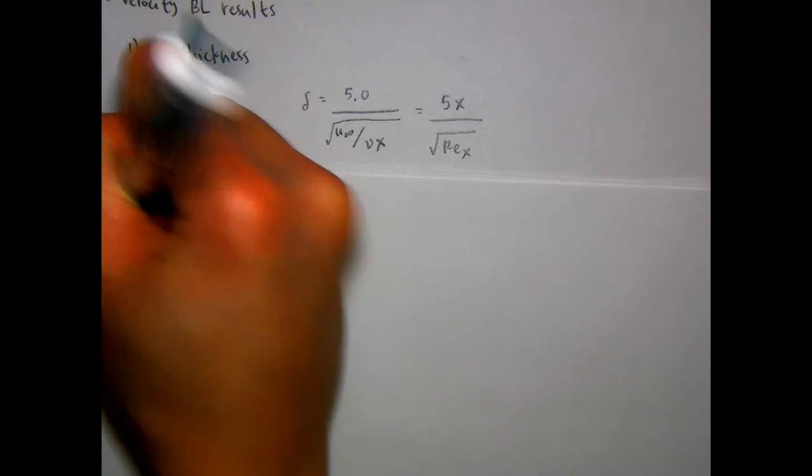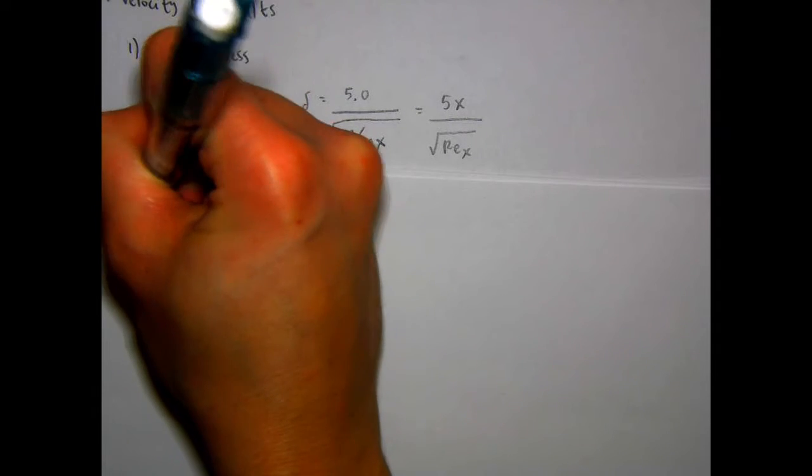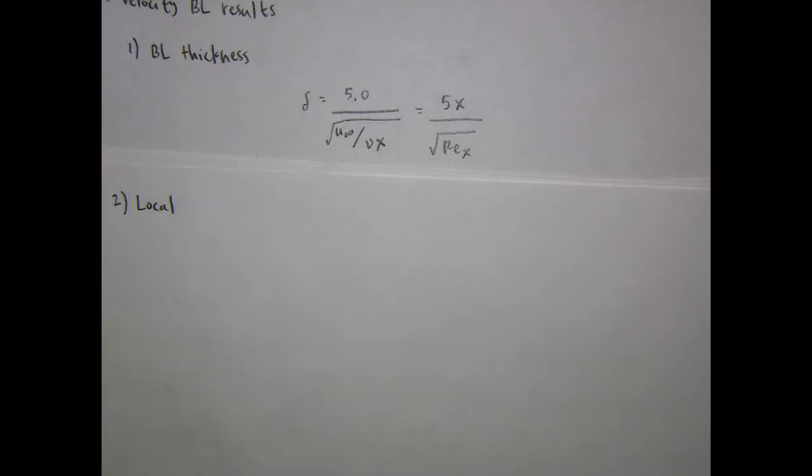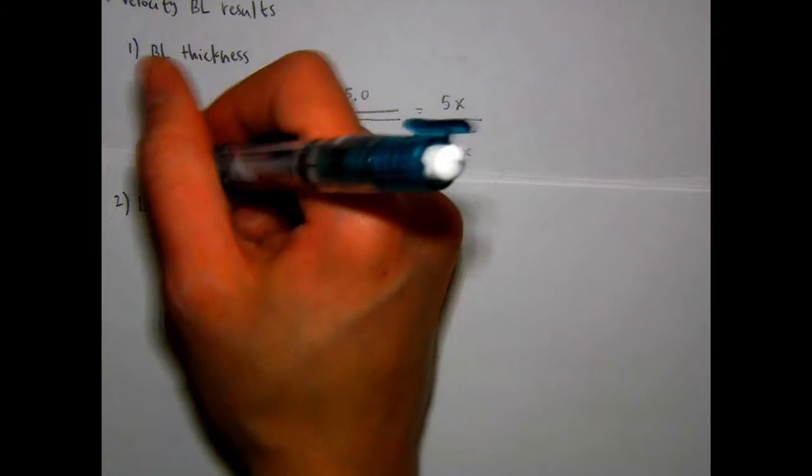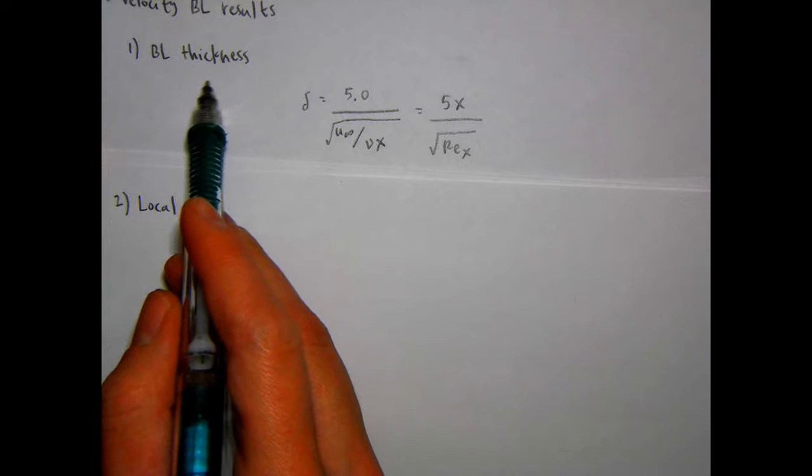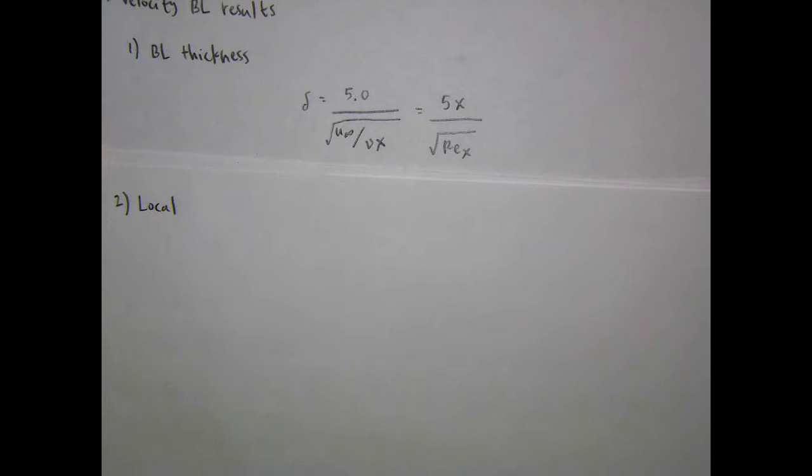We're also often interested in the shear stress, and we're going to write down expressions for the local and average values of most of these parameters. So we'll specify that this is local. For boundary layer thickness, it's always local because you're just interested in what the thickness is at that one location.